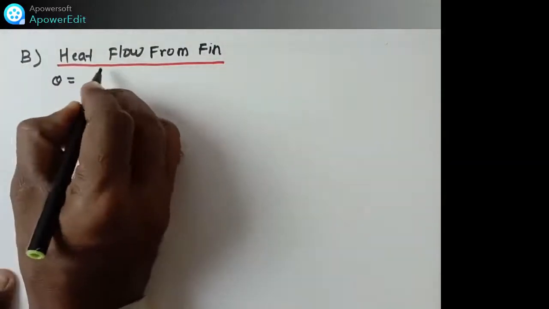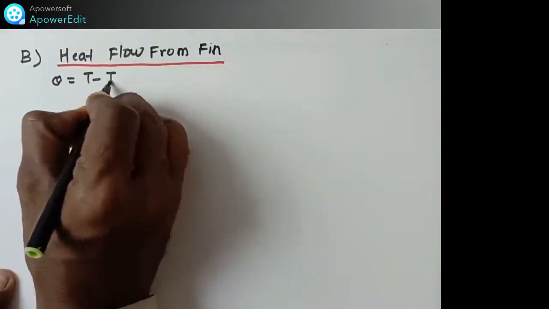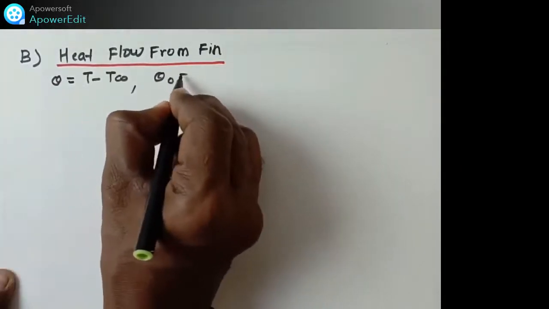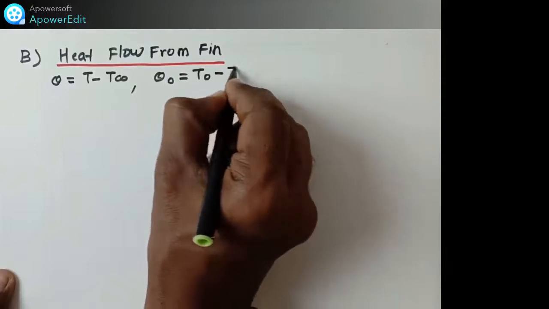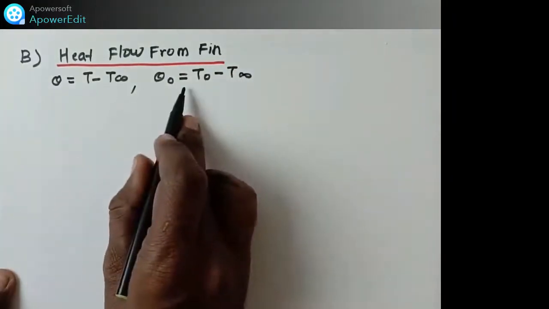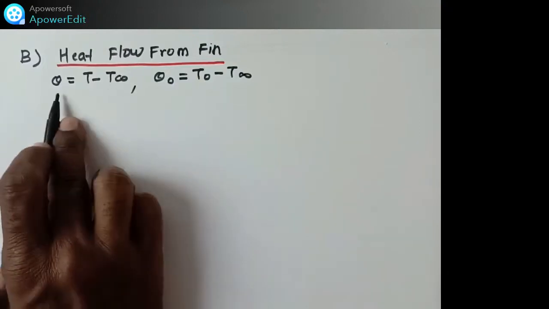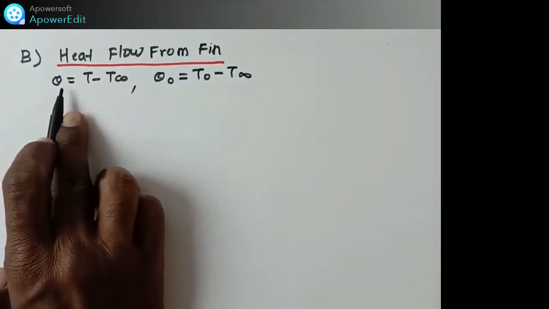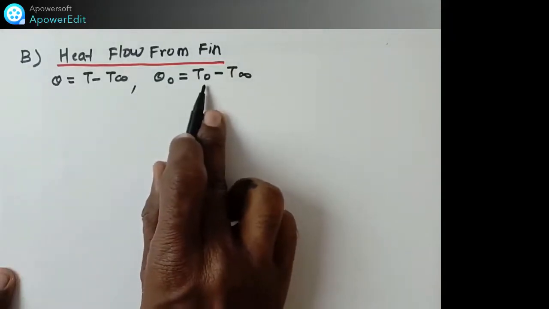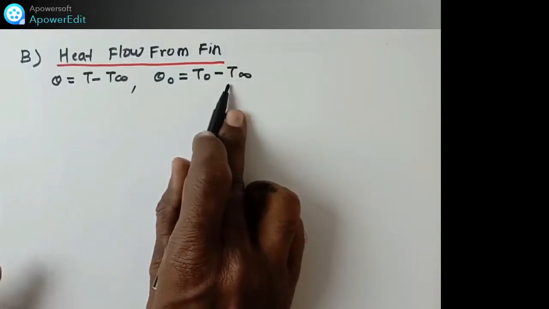Theta is equal to T minus T infinity and theta 0 is equal to T0 minus T infinity. This is the temperature gradient, already discussed at the start of the derivation. Temperature gradient at the end of the fin, T minus T infinity, and at the base, T0 minus T infinity.